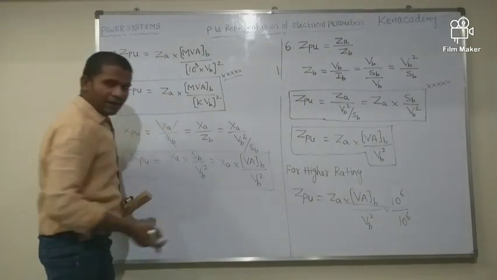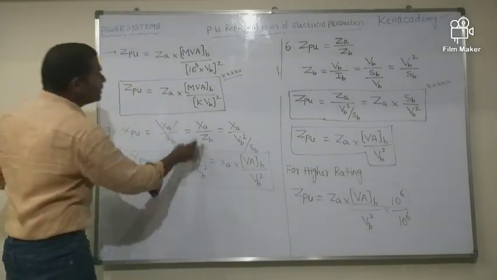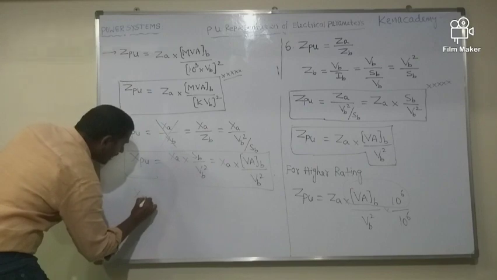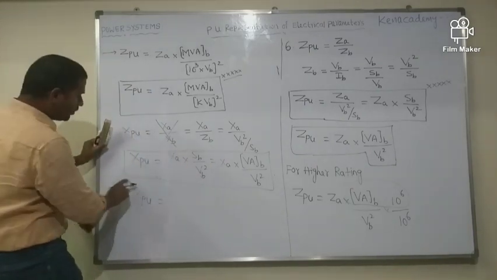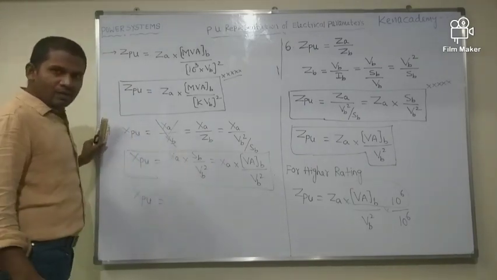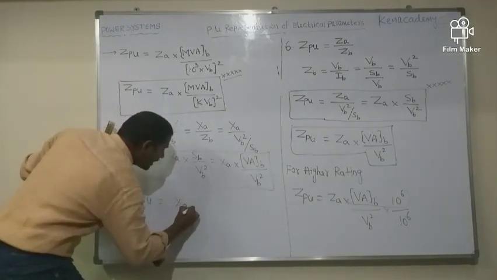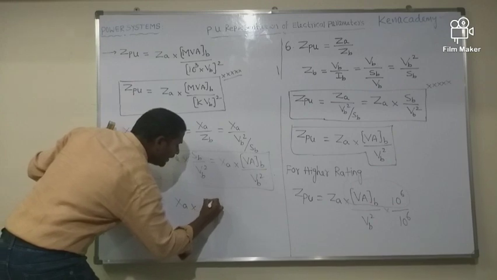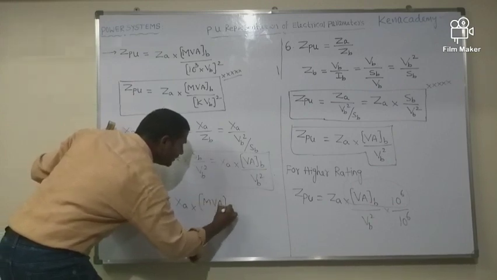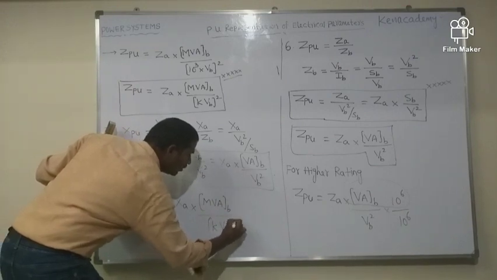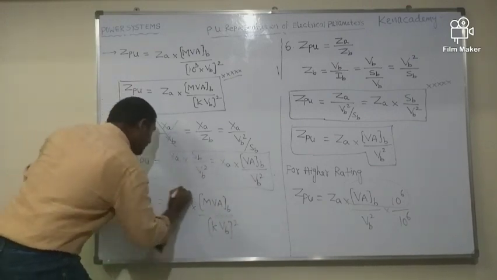This is for small rating. Similarly, for the same derivation I am using, how to write for higher rating? For higher rating, note down point here, X per unit equal to X actual into base MVA by voltage in kilovolts base. Very important formula.